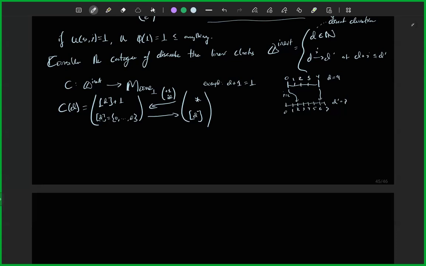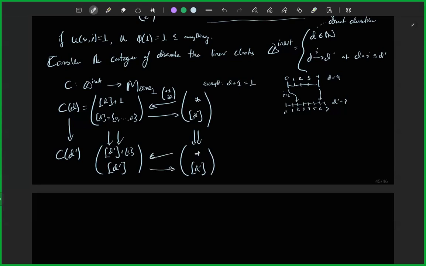And then a morphism, we have to give a morphism here. So D to D prime. So if I have D to D prime, I need to give a bunch of maps like this, right? And then with this an equation here. And then so what is this map? Well, there's an obvious map I have in this case, right?